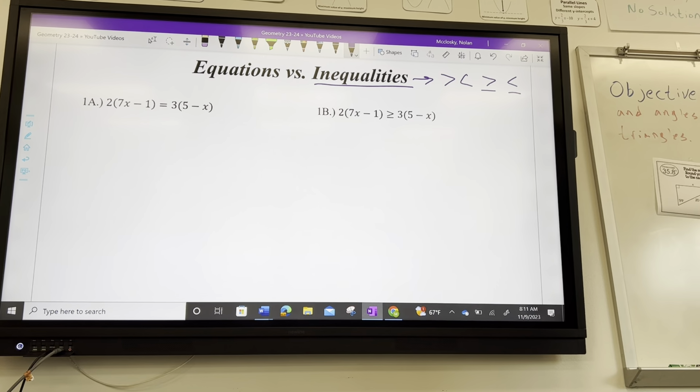that cancels. The 17x drops. 15 plus 2 is 17, and then you divide by 17, so x is greater than or equal to 1. Now this is the only part that is different. It reads x is greater than or equal to 1.